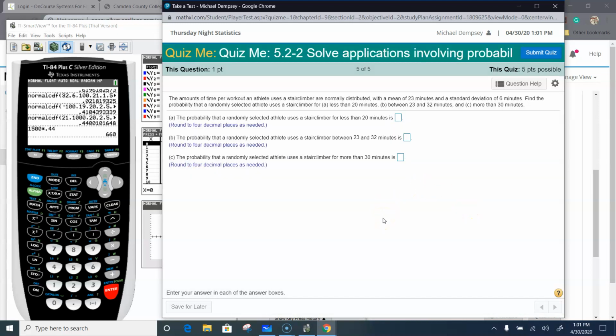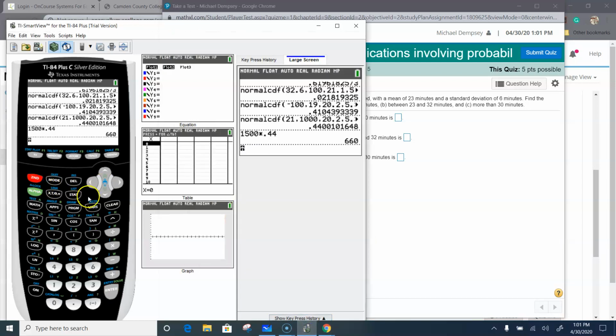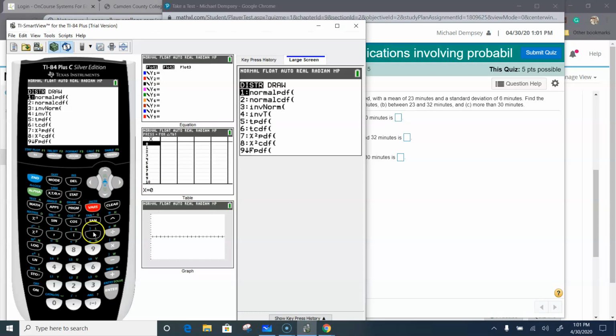Last one. The amounts of time per workout an athlete uses a stair climber are normally distributed with a mean of 23 minutes and a standard deviation of 6. Find the probability that a randomly selected athlete uses a stair climber less than 20 minutes. So let's go all the way to like negative 100.